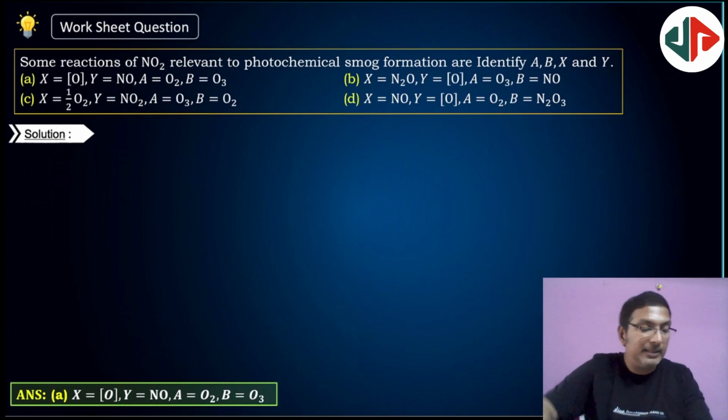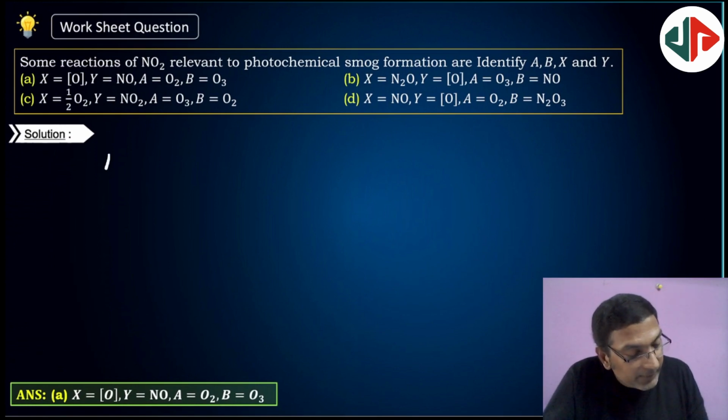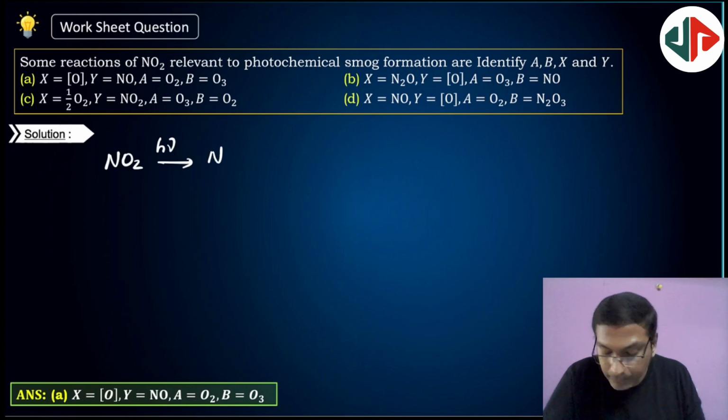So here some reactions of NO2 are given. How to balance. First, NO2 in the presence of sunlight gives NO plus O, nascent oxygen.